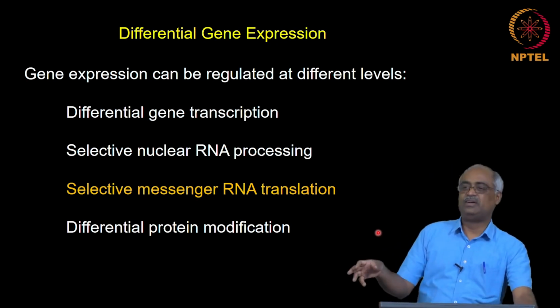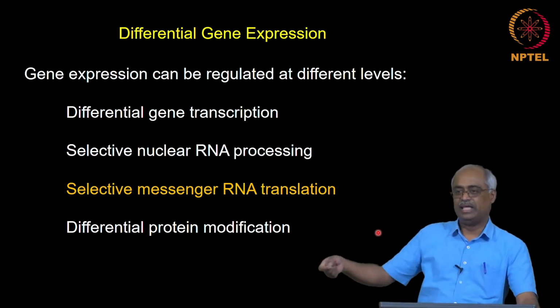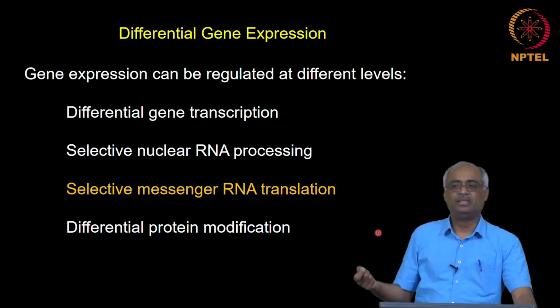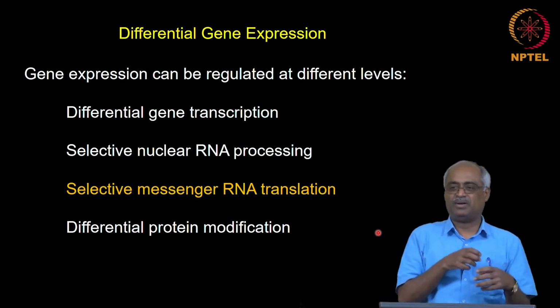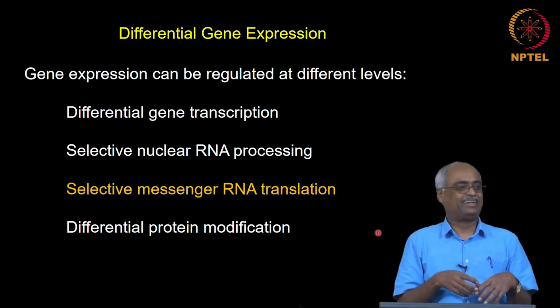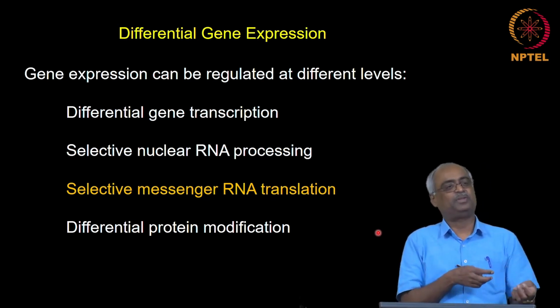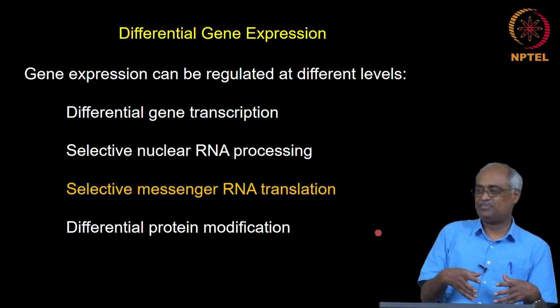If these things have to be produced and degraded very quickly to sync with nerve impulse conduction, you can't unwind the DNA by modifying the chromatin, transcribe, get permission from the nucleus to come out, and do splicing and all that.